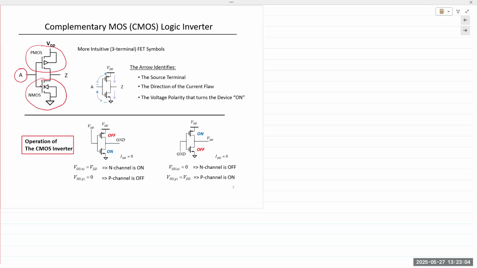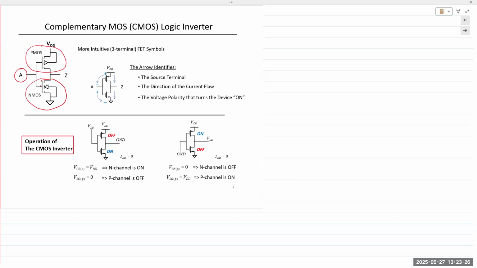If the output is not connected to anything, would the transistors both have the same state at the same time? There would not be any current flowing through. No, because voltage is still available. So it would not be in cutoff.